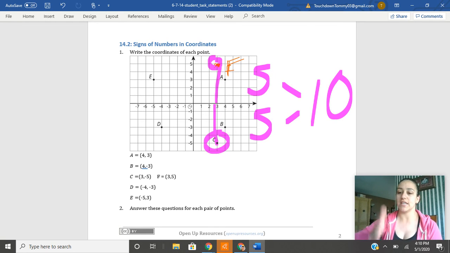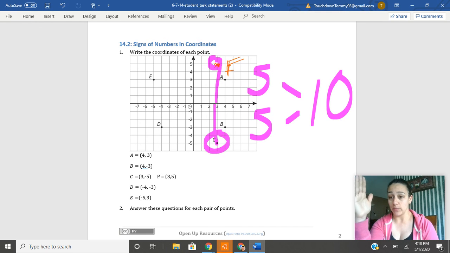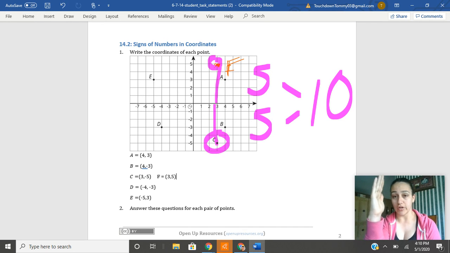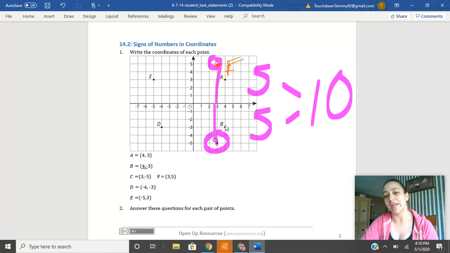Whenever you have points that are directly in line with each other, whether they are vertically one above each other or horizontally like B and D are, where they're directly across from each other, it's going to be fairly simple to identify the distance between them because, for one thing, we can just count them, but we can also look at some distance things when we look at the coordinates or the ordered pairs that we've got with those.